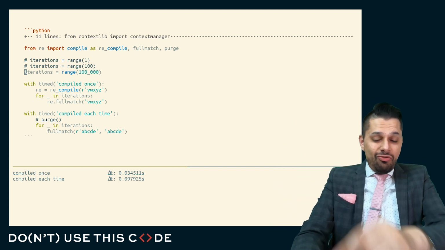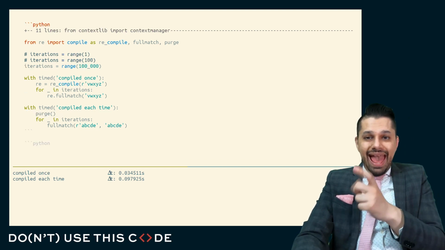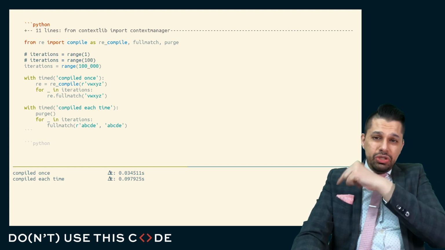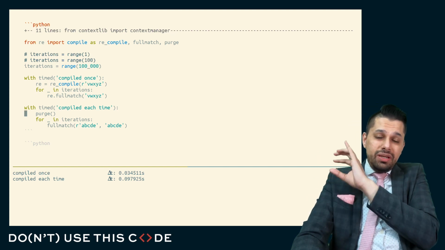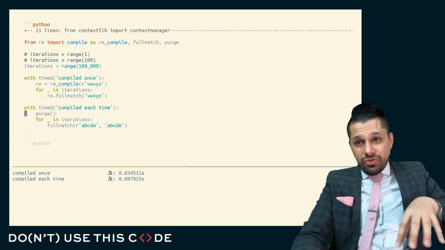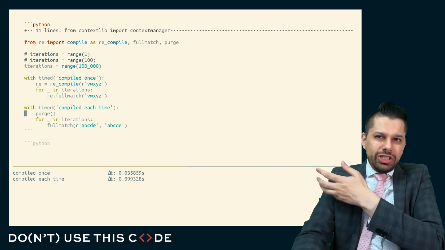Now, bear in mind, this is not really a fair comparison because internal to the RE module, there is a cache. So when you run the same regular expression over and over and over, it'll actually use that cache to pull out the previously compiled version. The distinction between the compile up front and the compile each time will be much more significant the more complex a regular expression gets. But here, if I really wanted to make this a fair comparison, I would purge the cache in between.